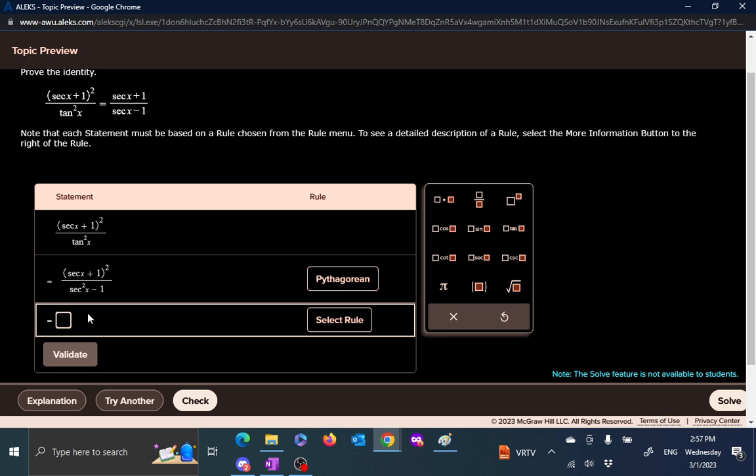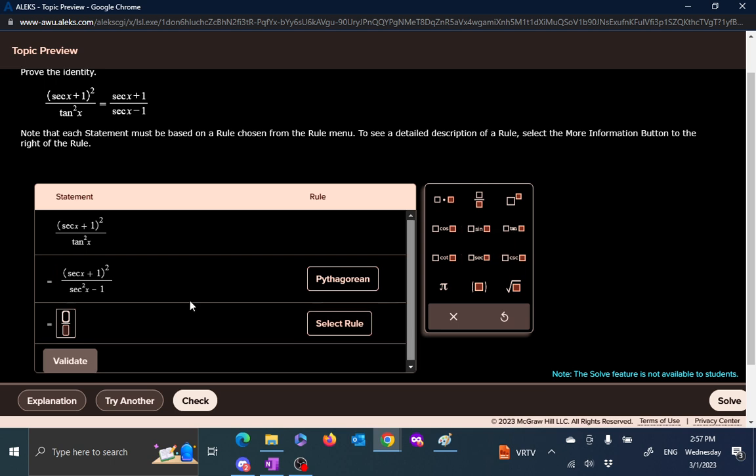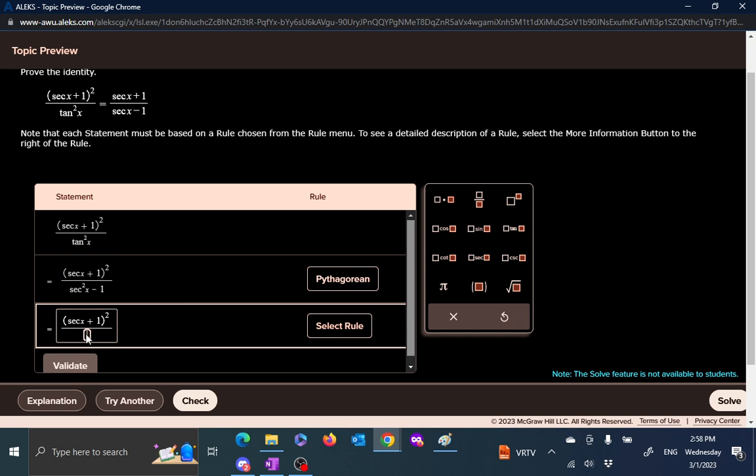Then, just as in the previous one, we factor the denominator. So I have secant of x plus 1 squared over secant of x minus 1 times secant of x plus 1. Okay, I factored the denominator. It's the difference of squares.